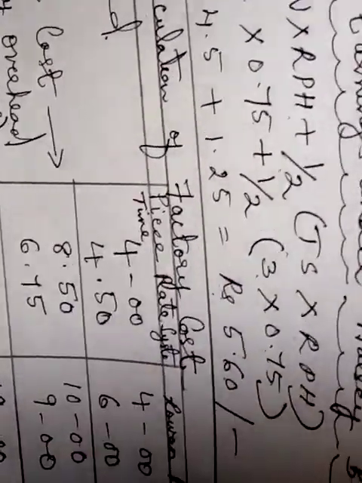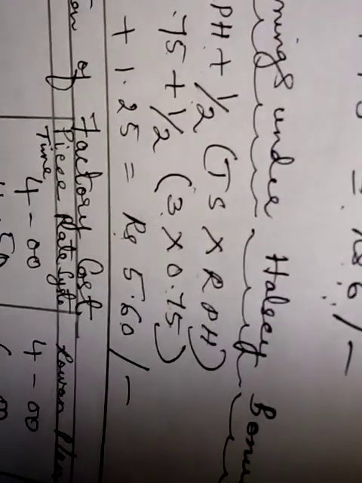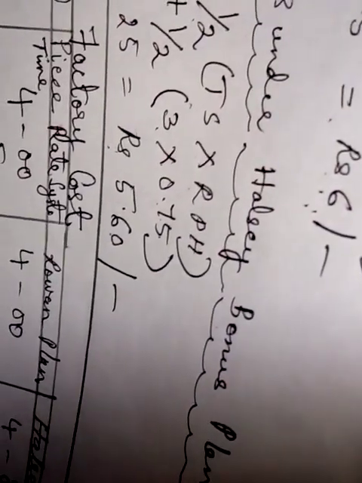These are the various ways by which we calculated the earnings of a worker under the various plans, that is the time rate system, Rowan's plan and Halsey plan, and we have also shown the calculation of factory cost.